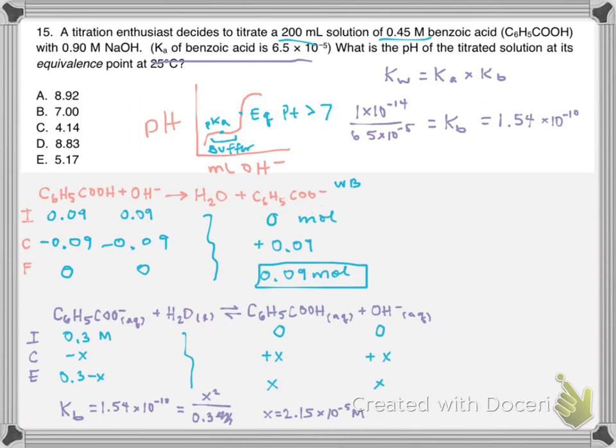And then we have to remind ourselves that our x is giving us our hydroxide concentration. To remember, we can look at our ICE table.